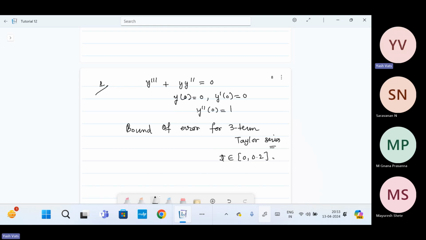So y triple dash plus y dash is 0, and what you need to find: y triple dash is basically minus y double dash.